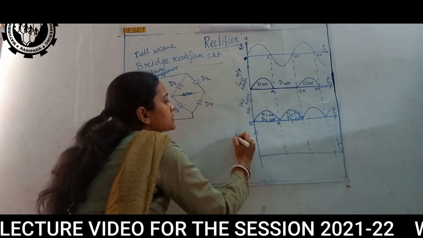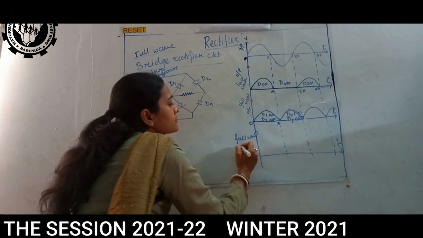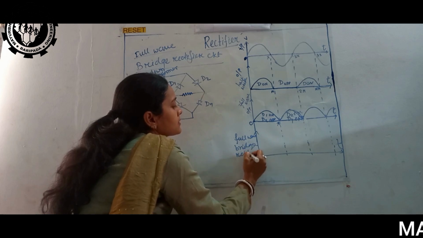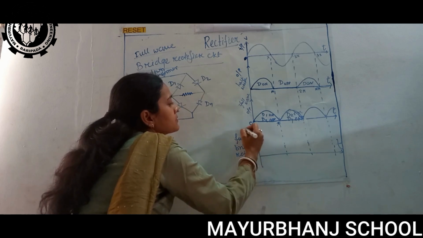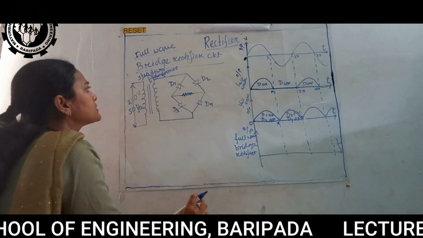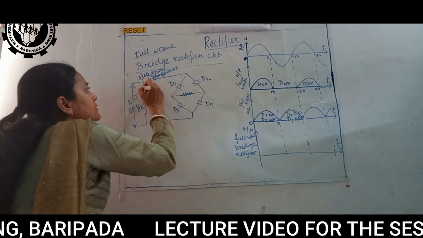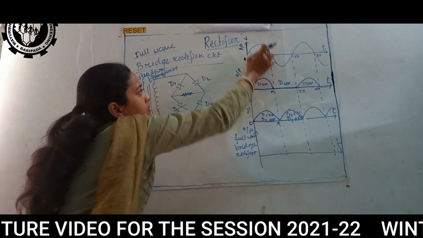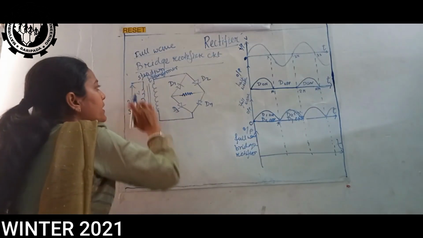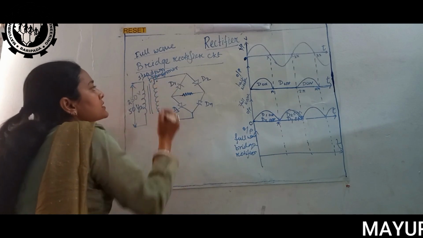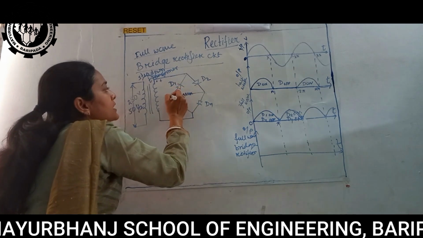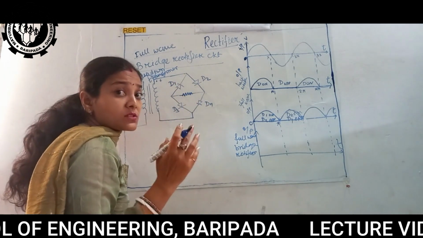This is voltage. Full wave bridge rectifier with output. Okay, now what happens? In the first half cycle, input 0 to pi, this terminal is now the positive terminal. Whichever diode gets forward biased will start to conduct.